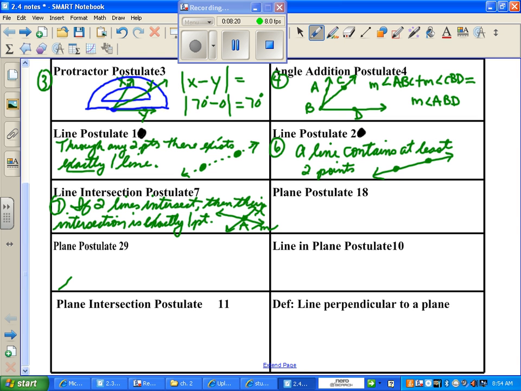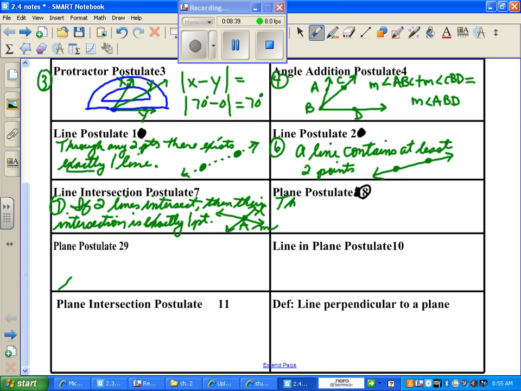Okay, plane postulate. This is postulate number 8. I don't know why these are coming up this way, but this is postulate number 8.